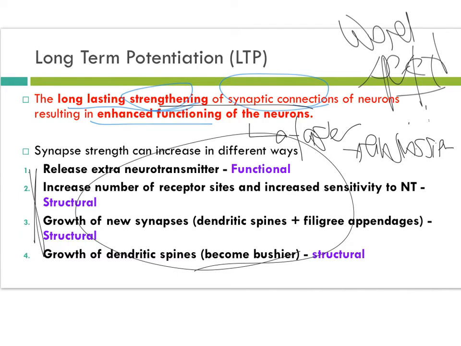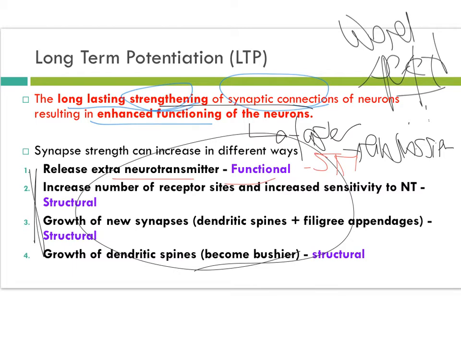So in terms of the strengthening, what's actually happening? Remember, you must make sure that you know functional changes and structural changes. Just as an FYI, functional changes are an indication that we have made a short-term memory. So, when you make a short-term memory, we release extra neurotransmitters into the synaptic gap, and that's taken up by the postsynaptic neuron.